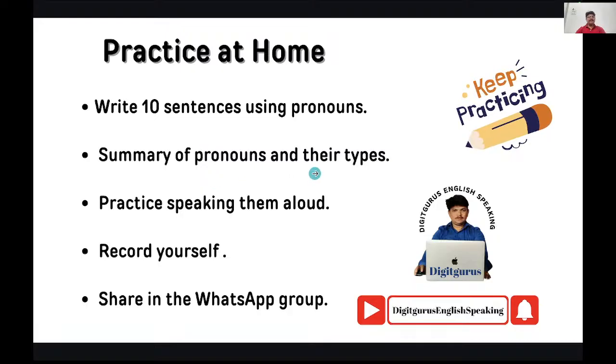Write a summary of pronouns and their types. You will have to practice speaking them aloud. Otherwise, it will become very difficult for you.